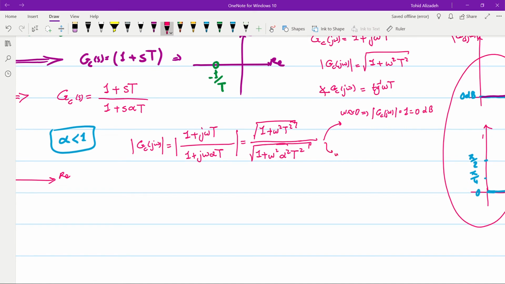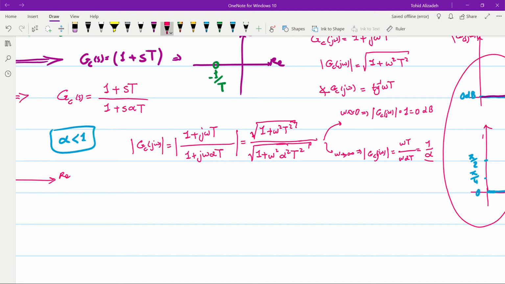And for omega approaching infinity, we can neglect the ones underneath the square roots, and then omega T will appear at the numerator and omega alpha T at the denominator, and as a result we will have 1 over alpha. So at very high frequencies, amplitude will be equal to 1 over alpha.